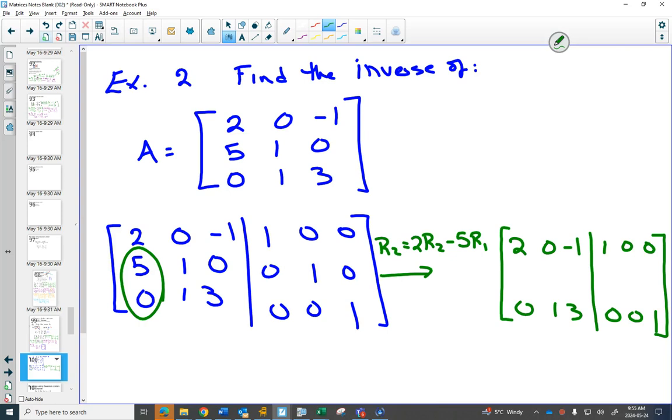And row 2, if I take 2 of those and minus 5 of those, this will be 0. 2 of these minus 5 of those will be 2. 2 of these minus 5 of those will be 5. 2 of those minus 5 of those will be negative 5. 2 and 0.